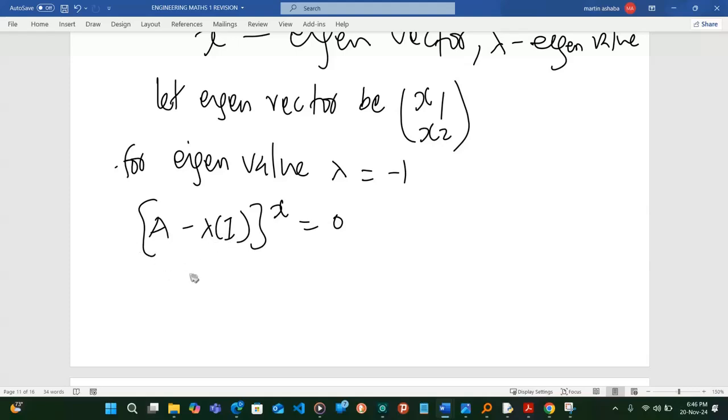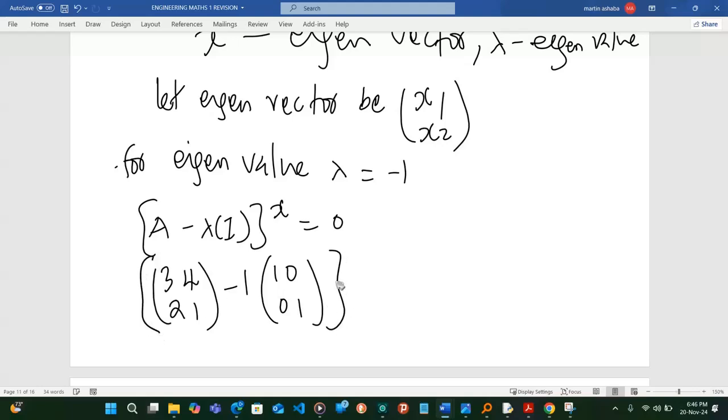So this means that I'll have 3, 4, 2, 1 minus negative 1 into 1, 0, 0, 1. Okay? Everything we are multiplying by x1, x2, and this is equal to 0, 0.